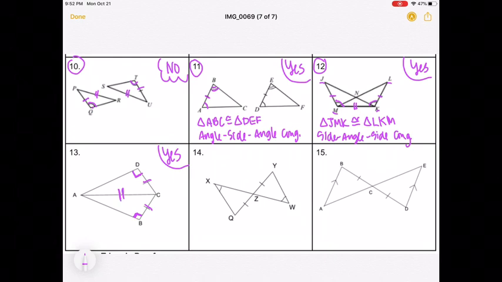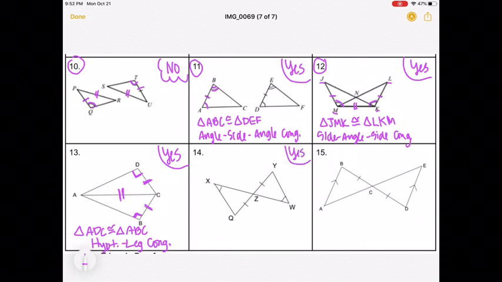So the hypotenuse is AC, it's the big one across from 90, and then we have this shared side as well. So for my statement, triangle ADC is congruent to triangle ABC, and my reason is hypotenuse leg congruence.